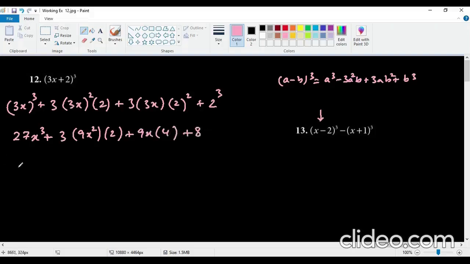Now final answer is going to be 27x cube plus 3 times 9 is 27, 27 times 2 is 54. So 54 x square and plus 9 times 4 is a 36 x, and plus 8 is going to be your final answer using the formula.